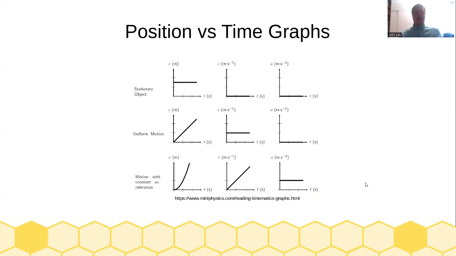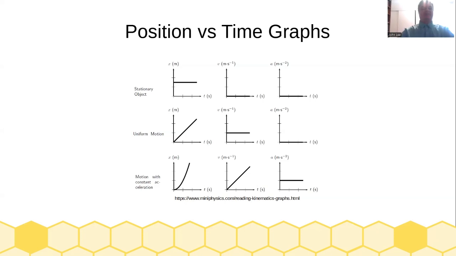With constant velocity in the second row, we see that velocity is no longer 0, but it is a constant value, which means that there is no acceleration. But as we established a couple slides ago, if you have distance versus a constant velocity, then the distance is going to be equal to the velocity times time, or a linear function.